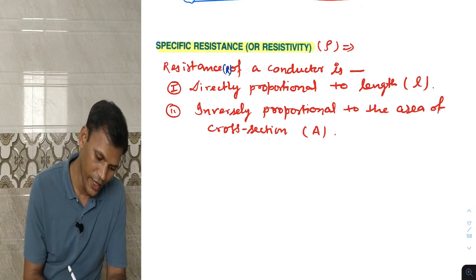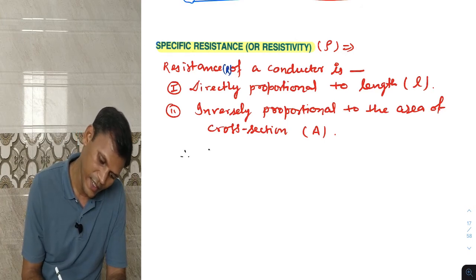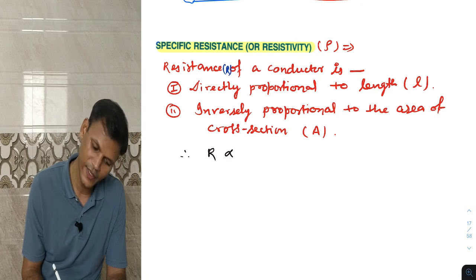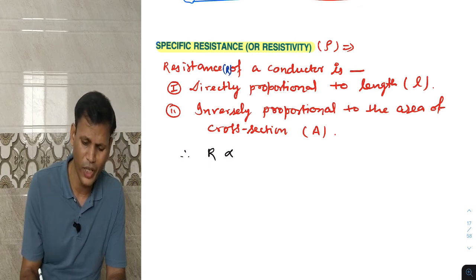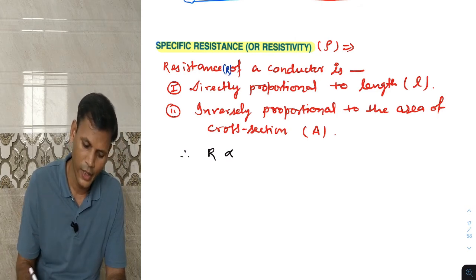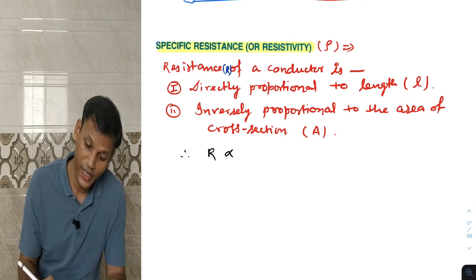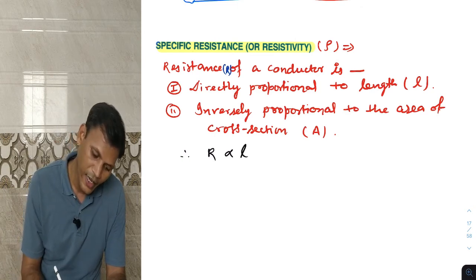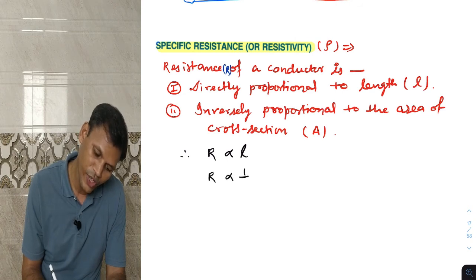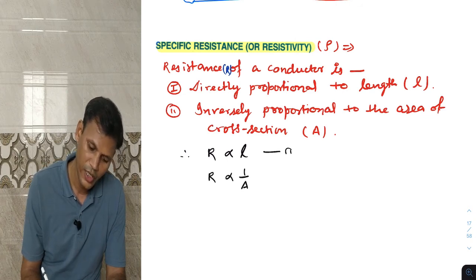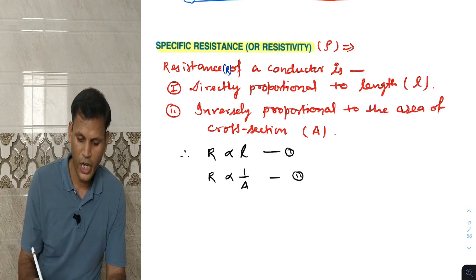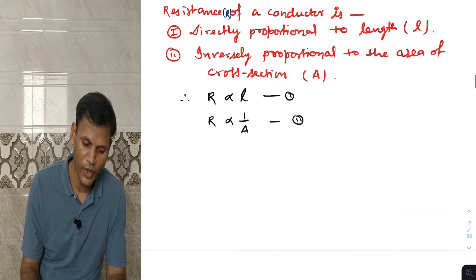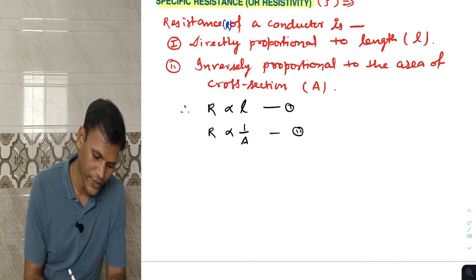So therefore we can conclude from here, resistance of a conductor is directly proportional. Whatever we have written, just we will write that in terms of relation. So R is directly proportional to L and R is inversely proportional to area of cross section. This is 1, this is 2. Now as we will combine the equation 1 and 2, what you will get?